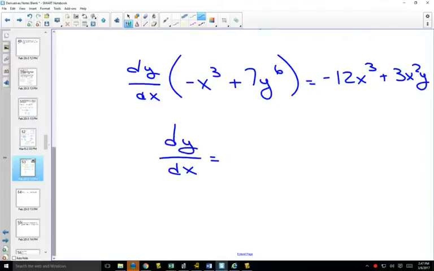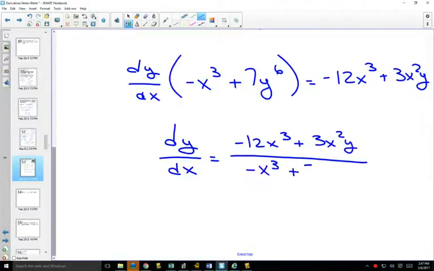And now if you divide both sides, you will get your derivative by itself.